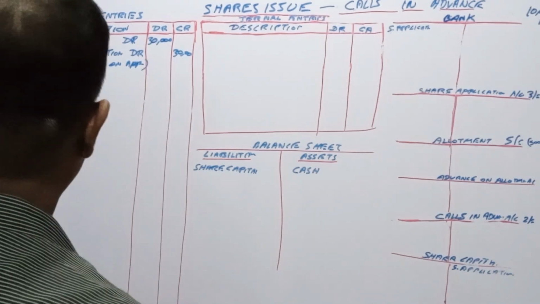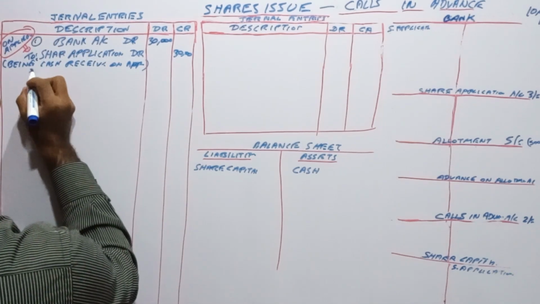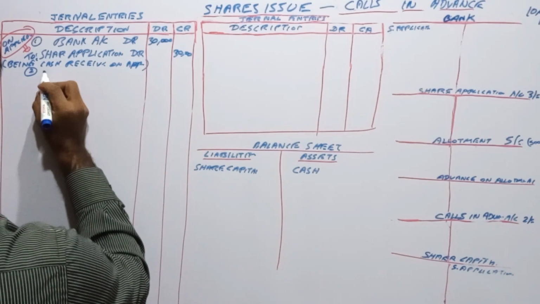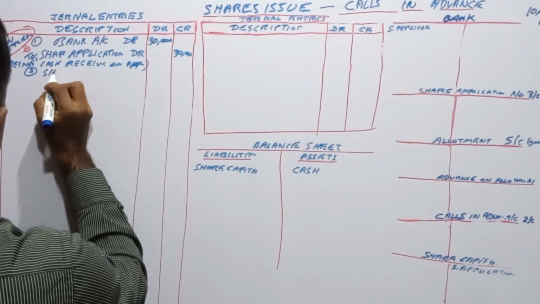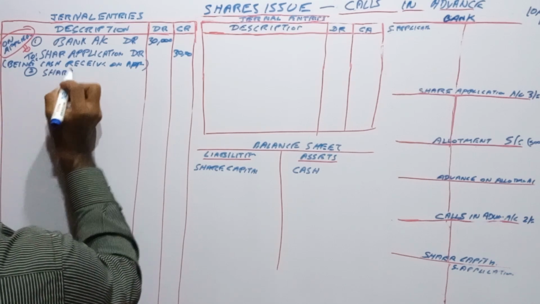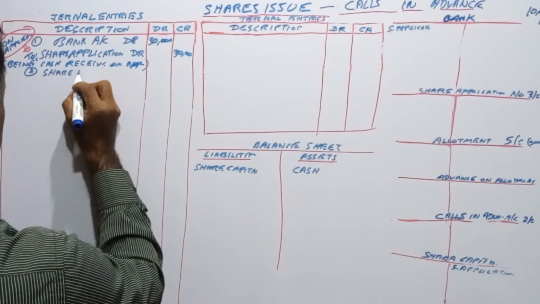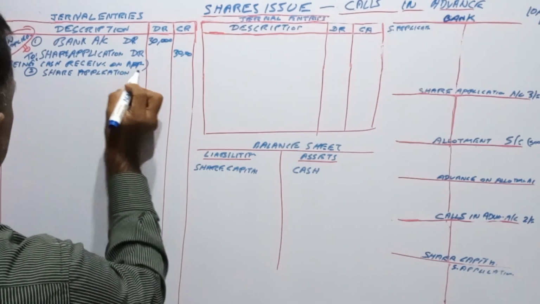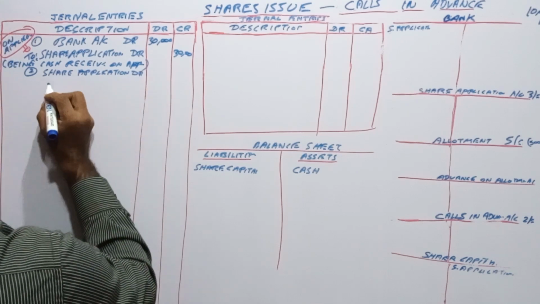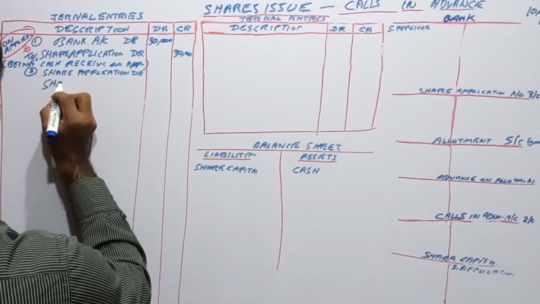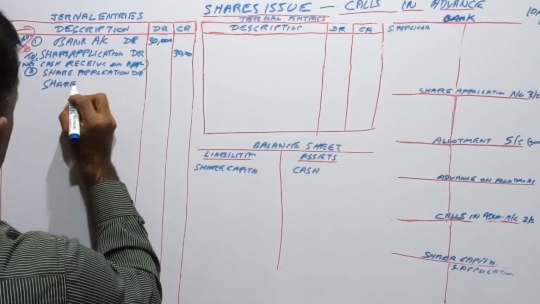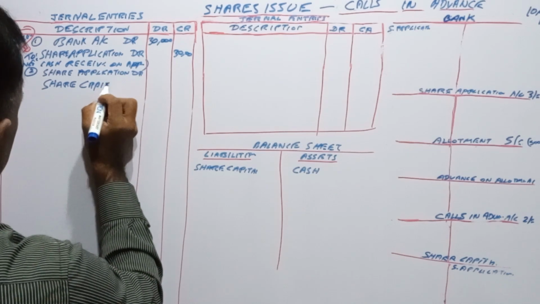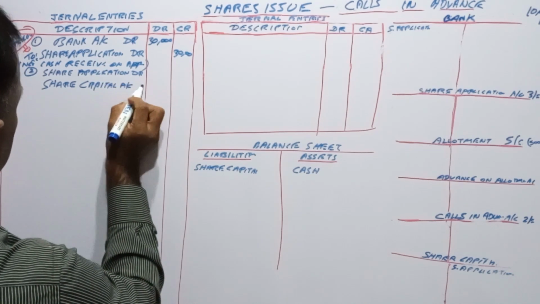Second one is the transfer of money. Share application account debit, share capital account credit.